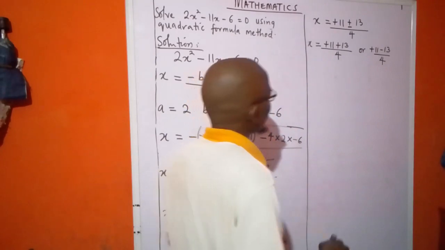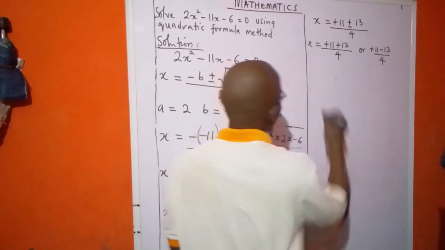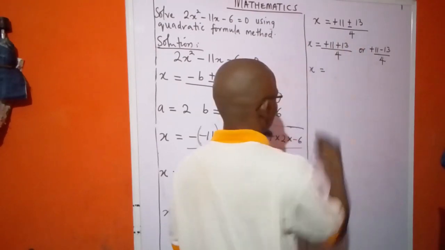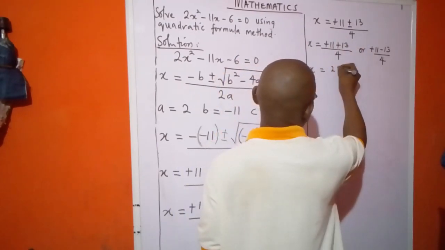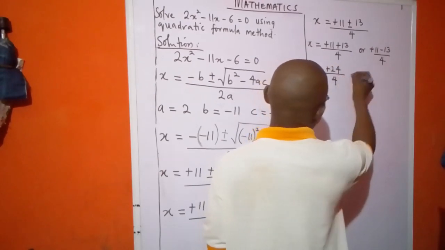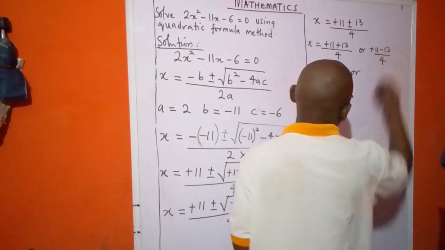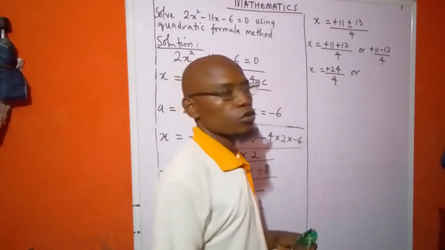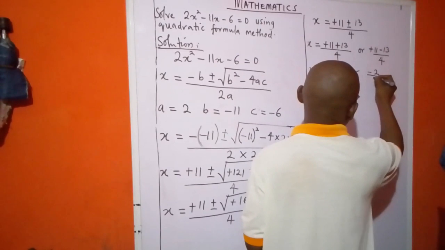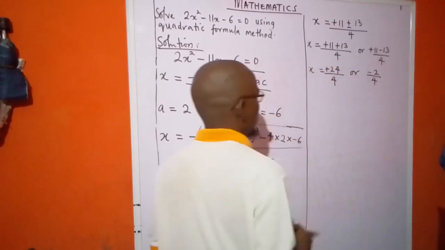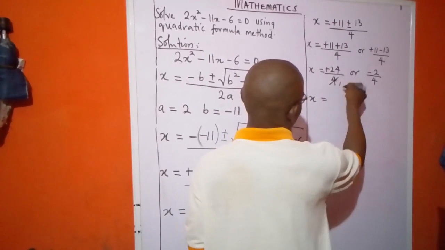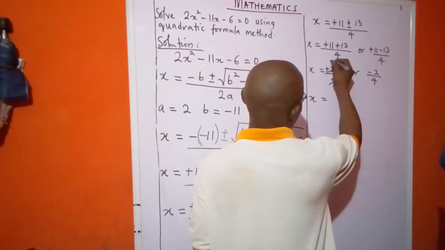Okay, x will now be plus 11 plus 13. That will be giving us plus 24 over 4, or plus 11 minus 13. That will be giving us minus 2 over 4. Okay, so let's divide this. x equal to, 4 in 4, 1, 4 in 24, 6.